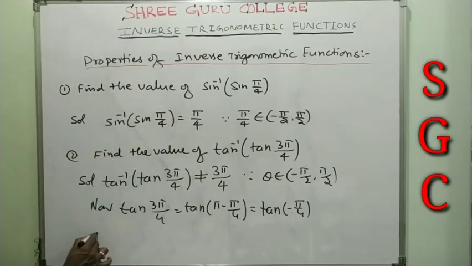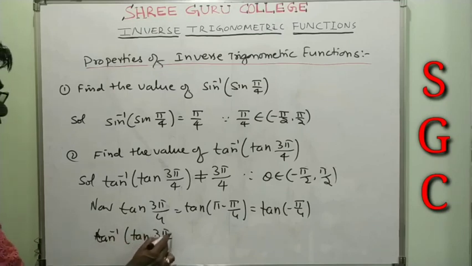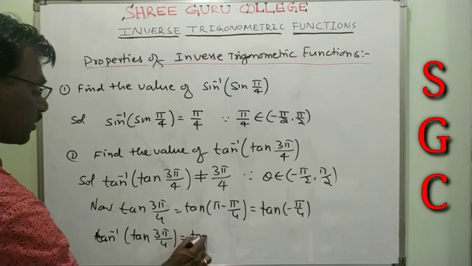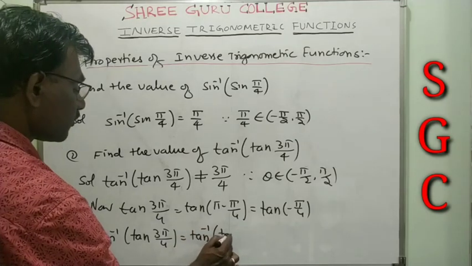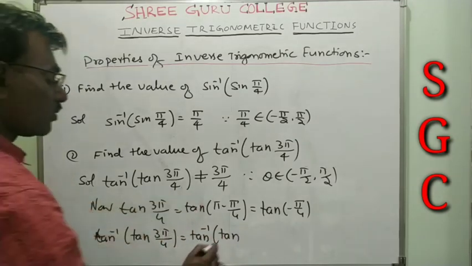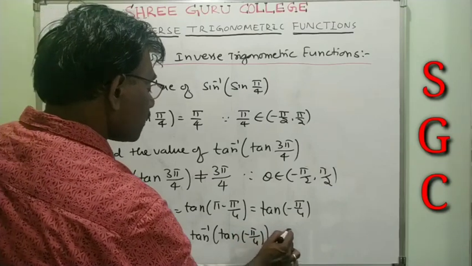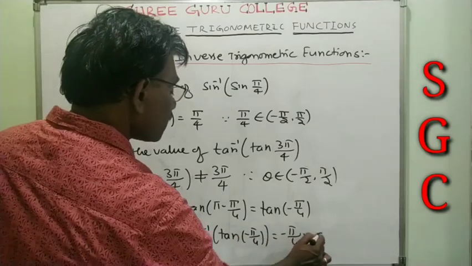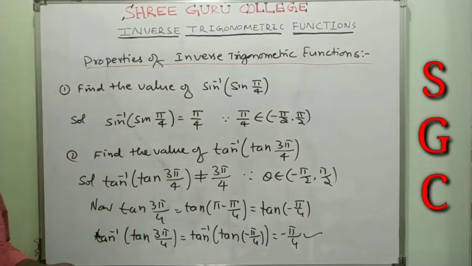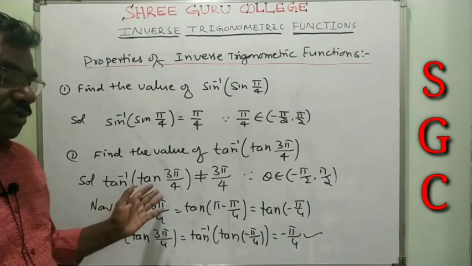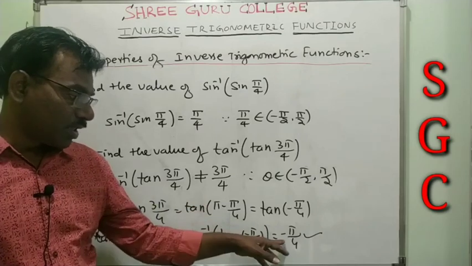Now tan inverse of tan 3 pi by 4 equals tan inverse of tan of minus pi by 4, which equals minus pi by 4. So this is the answer. Sometimes they ask to find the range or find the value of, okay, minus pi by 4.